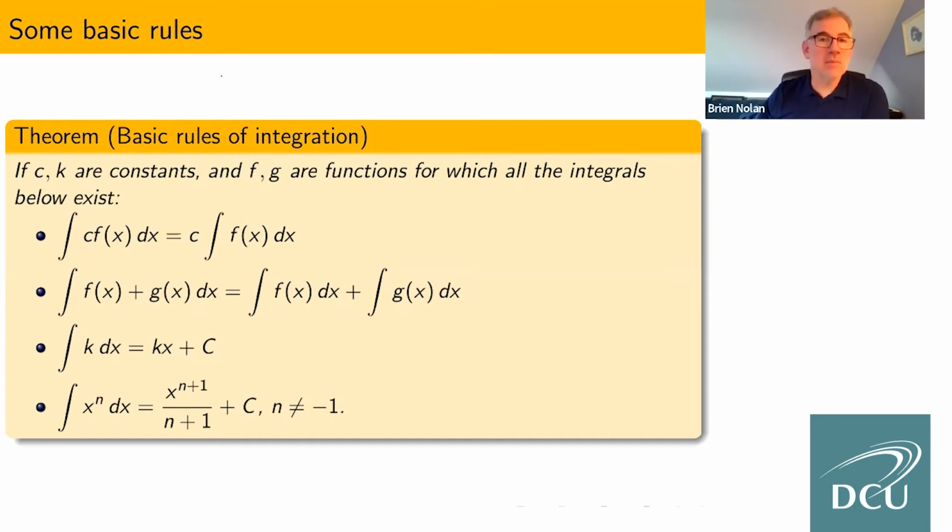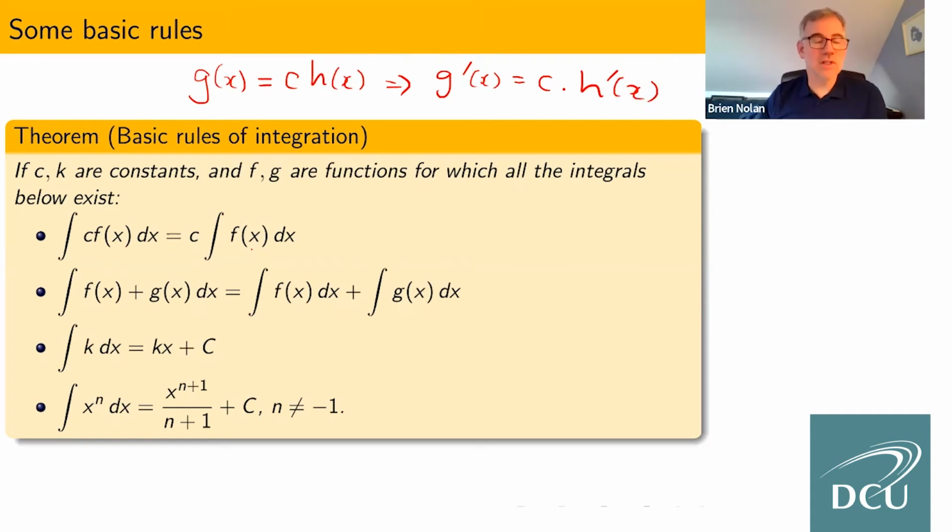This is very similar to a rule that we have for differentiation. If the function g of x is equal to c times h of x, well then to differentiate g, I leave the c alone and just differentiate the h. So we have this result that's very similar to a rule of differentiation. Okay, so what this means in practice is that when we see a number in front of some x's, we can ignore the number and just deal with the x's.